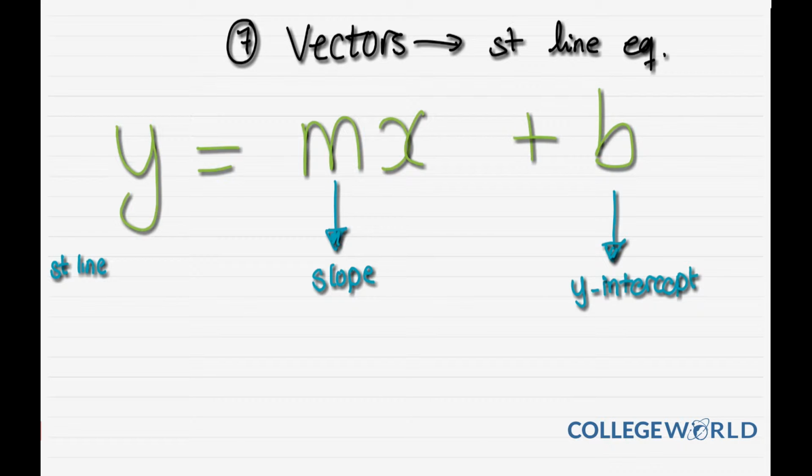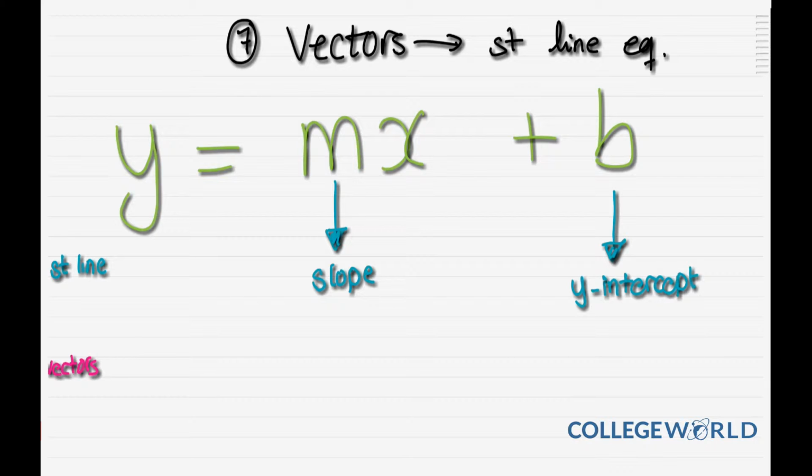Now we're going to do the exact same thing for vectors, but the different thing is going to be what these stand for. If we're doing vectors, we're going to have our y be the vector as it is, whatever vector we're trying to express.